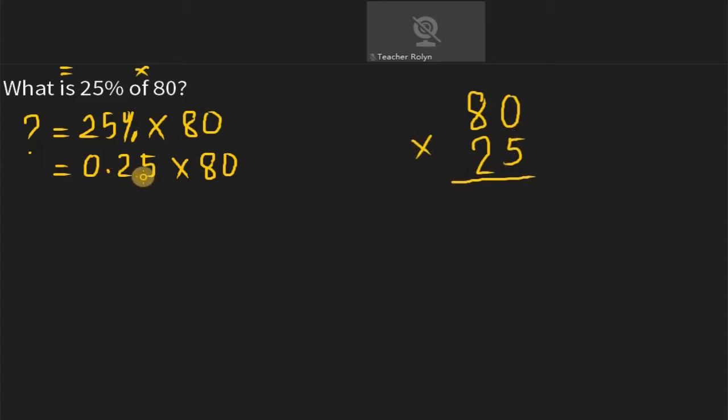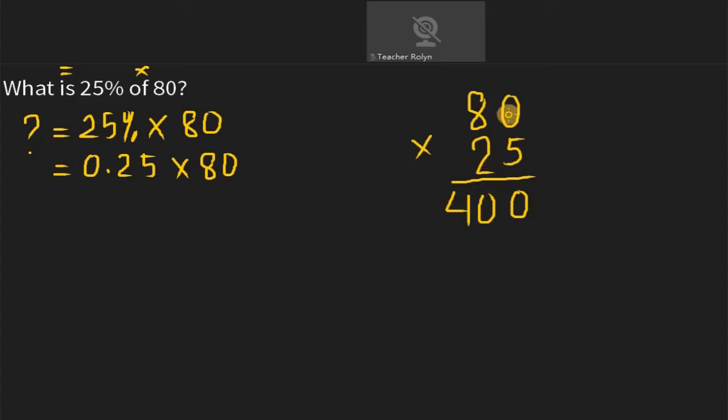Sa dulo na lang tayo mamaya mag-move ng 2 decimal places. Kasi ganun lang naman ang gagawin natin eh. Percent means moving 2 decimal places to the left because we are dividing it by 100. So let's multiply. 0 times 5, that is 0. 5 times 8 will give us 40.